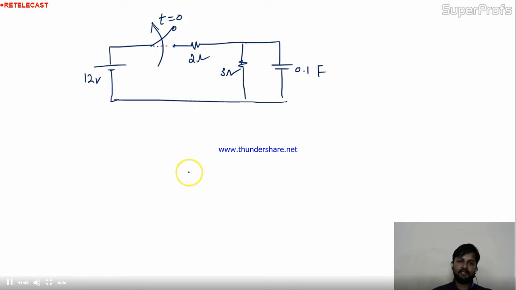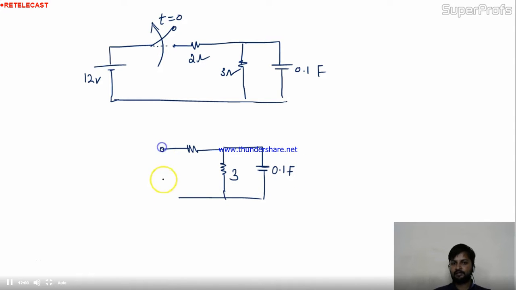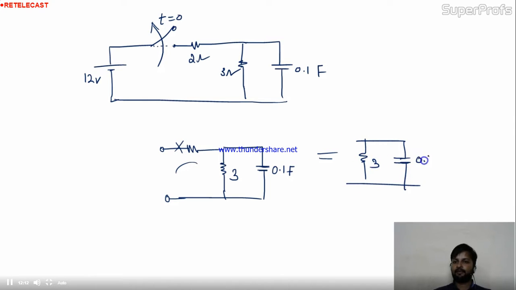Now if we open the circuit, the remaining circuit will be like this, 0.1 farad. This is the remaining circuit. For this circuit, this is the open branch, so this is meaningless. So our remaining circuit is 3 ohm and 0.1 farad. So in this circuit, I am asking, is there any independent source? No. That's why this type of circuit I call source free.